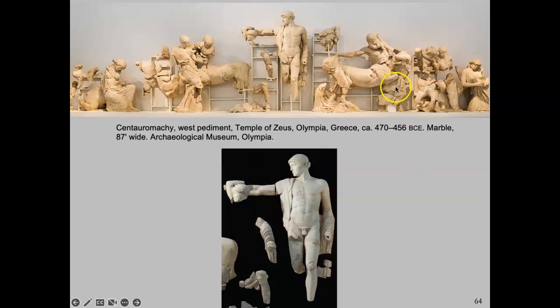Here's a really interesting combination of this woman who is trying to push away or hitting the head of a centaur as he tries to lift her and carry her off.